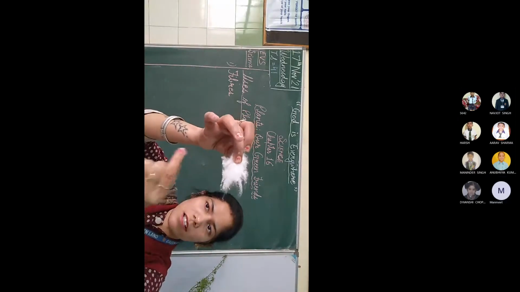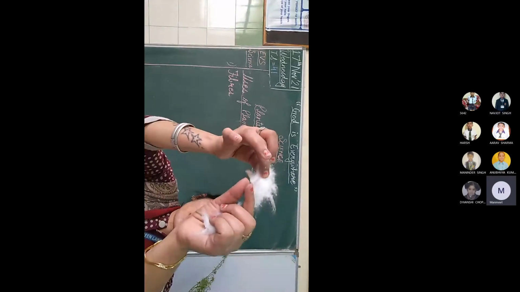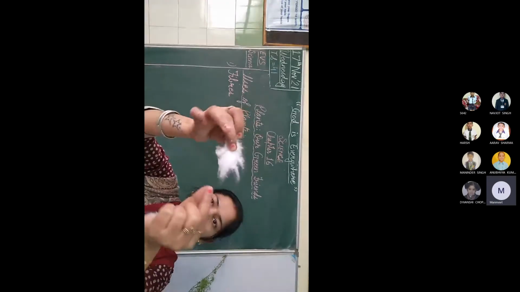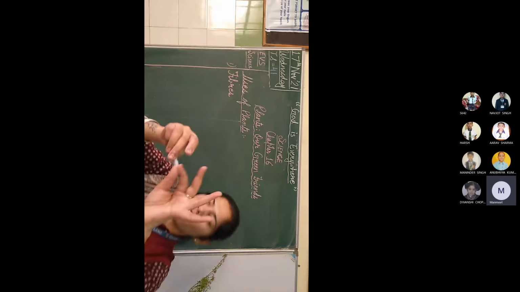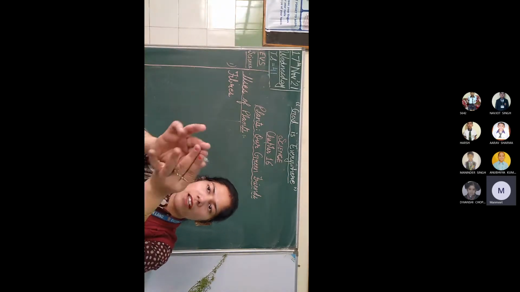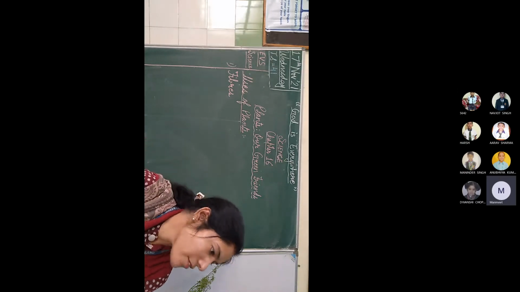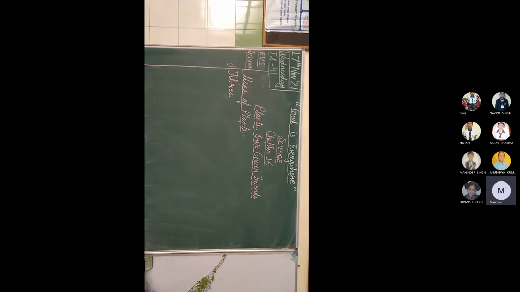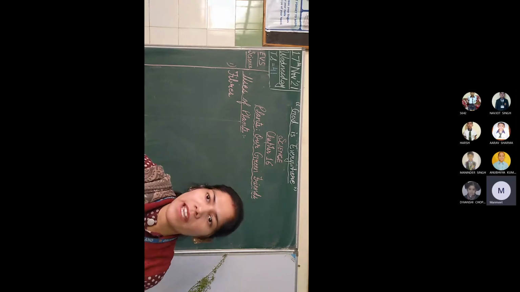These threads are woven. Woven means I have taken the threads like this. This is just an example I am telling you. They weave these fine threads, and this cotton helps us to make our clothes.